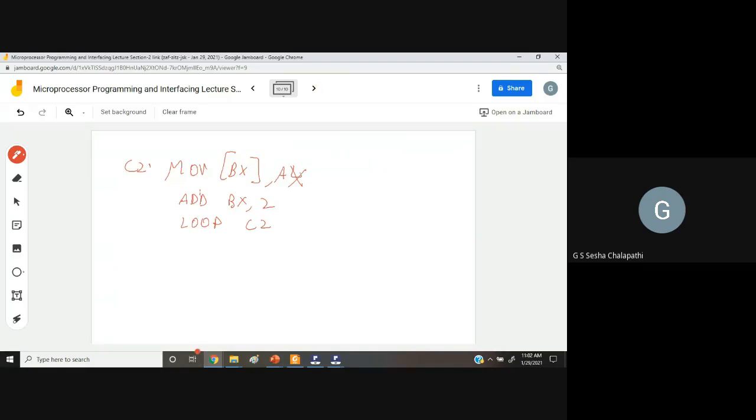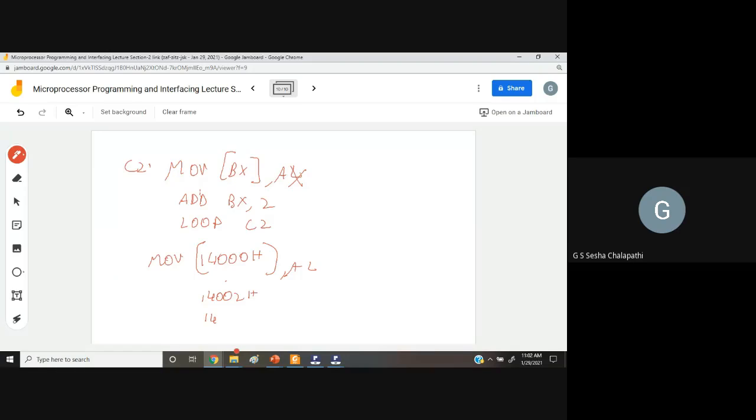Otherwise, if I had written MOV 14,000 H, AL, I would have to write it 10 times, with 14,002 H, then 14,004 H, like that. I have to write 10 instructions, and the length of the program will increase. Further, suppose I want to relocate.